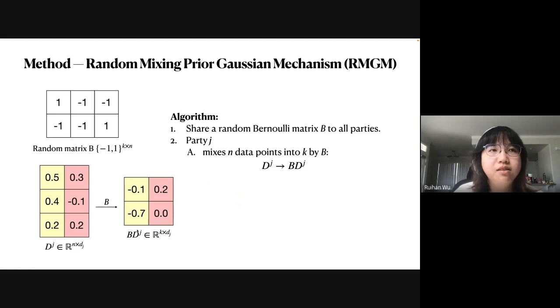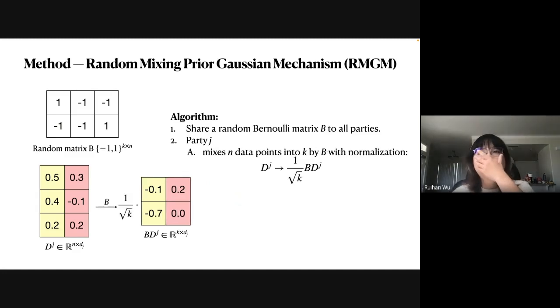It is equivalent to multiplying this random matrix B before the private data matrix Dj. We further multiply this factor 1 over square root k as a normalization.